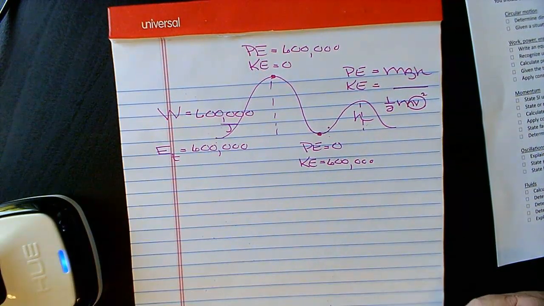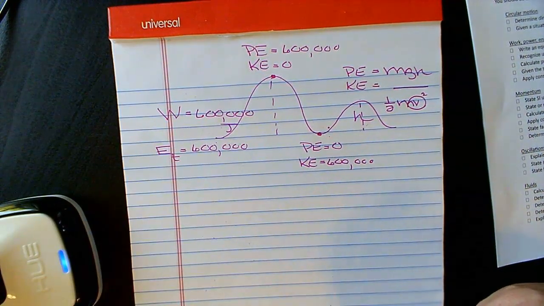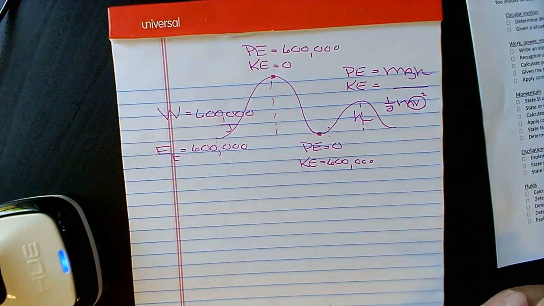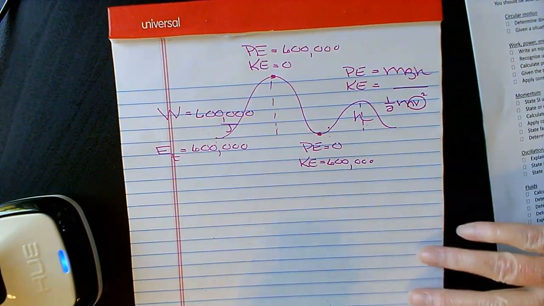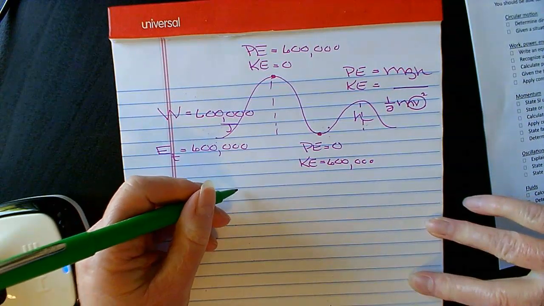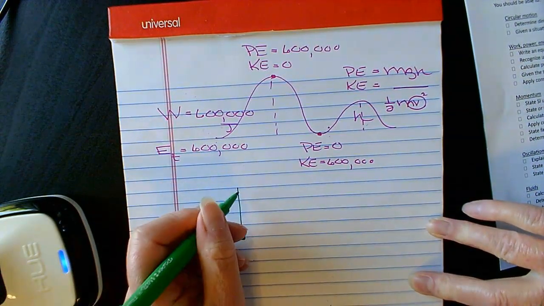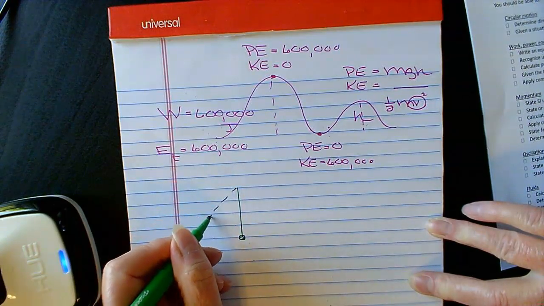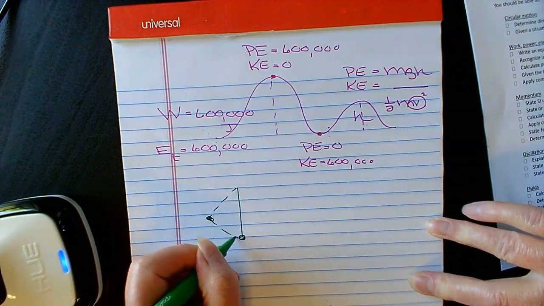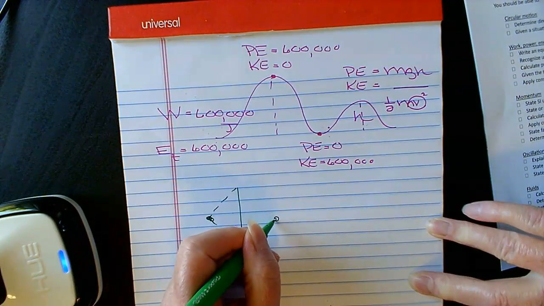All right, the last one is apply conservation of energy to a swinging pendulum and a firing rocket. So let's do a swinging pendulum first. We'll tie something on a string, and we're going to make it swing back and forth like this. So it's going to go over here.